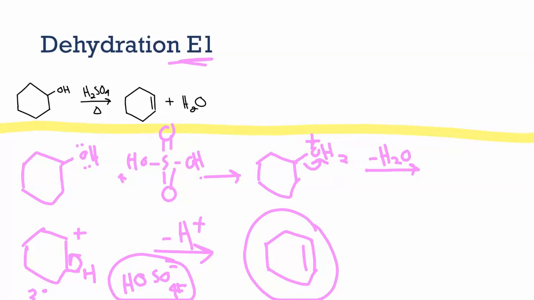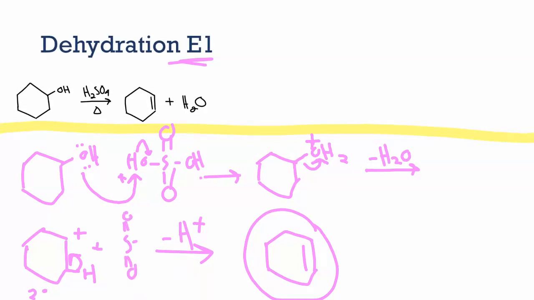So it'll take a hydrogen from one of these, break that OH bond, and then it'll form an ion there. Same thing down here. So this would be the counter ion, where we took that hydrogen here.